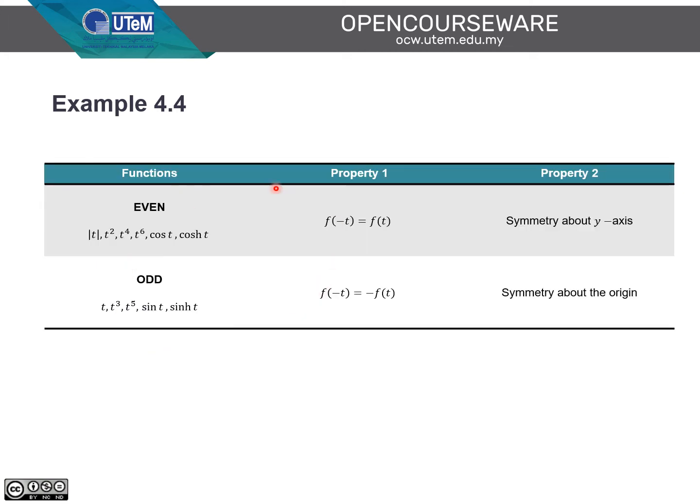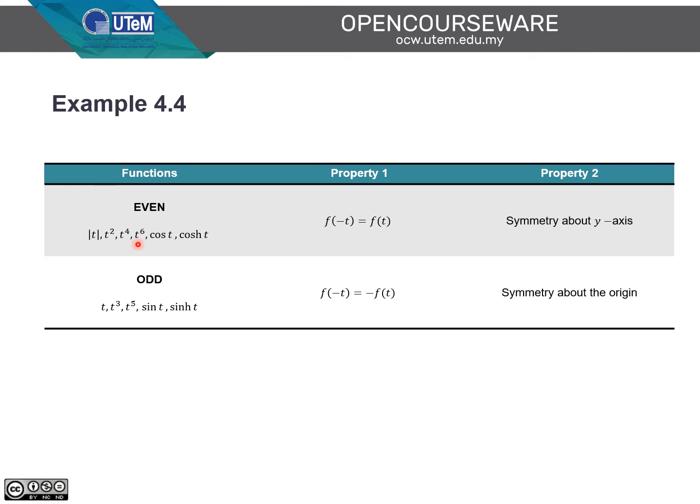In this table, I list down examples of even functions and examples of odd functions. Let's take a look at the examples of even functions: modulus t, t squared, t to the power of 4, t to the power of 6. Then I can say that polynomials of even power are even functions.